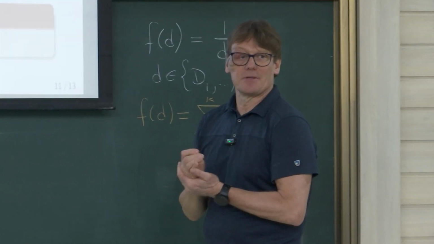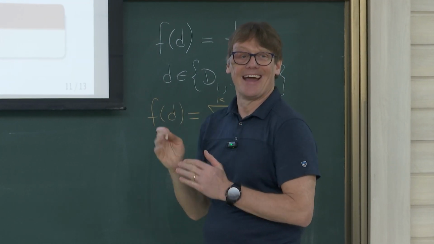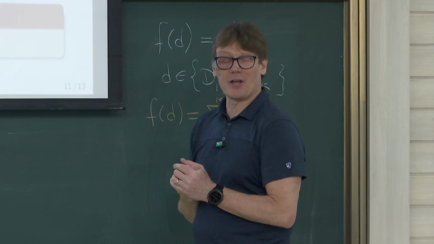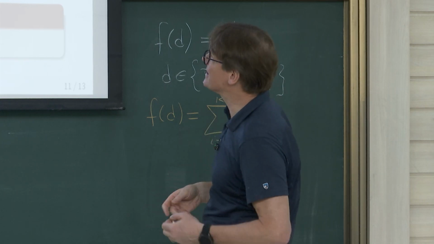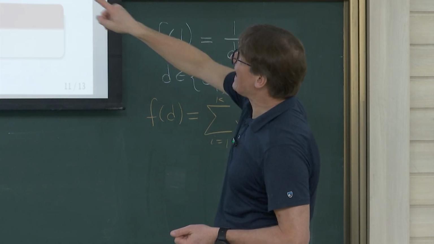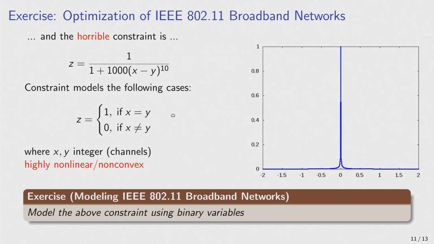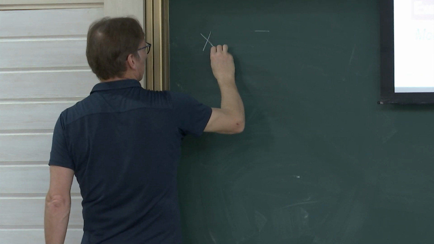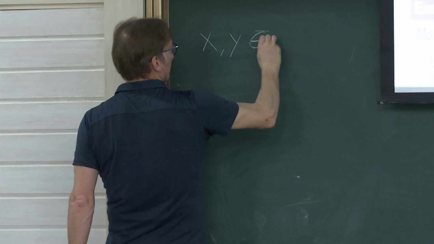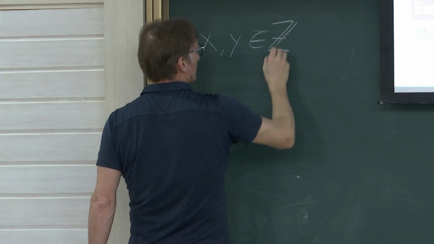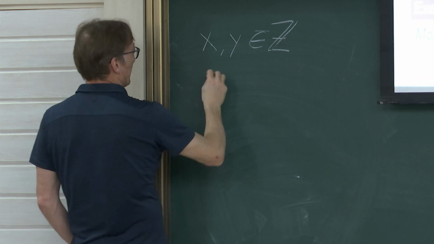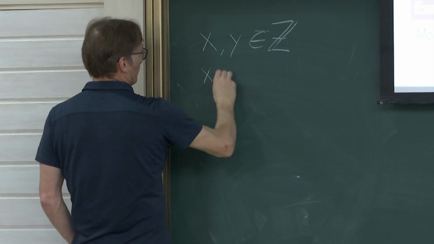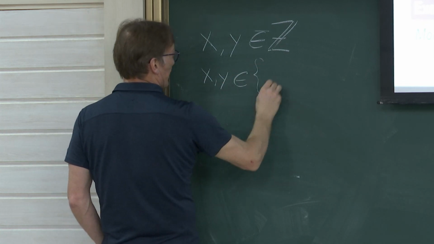This is a bit harder, so we'll do this in 10 minutes or so, I think. But see if you can model this using binary variables. I should tell you one more thing, that x and y are integers in this model. I forgot to write this on the slide. So we have x and y are integers, and we can assume without loss of generality that x and y are in a finite set.